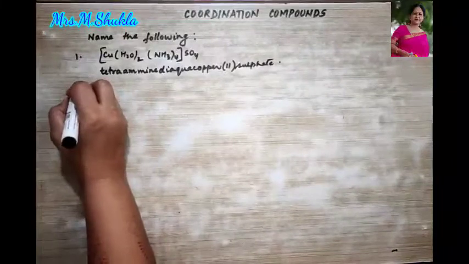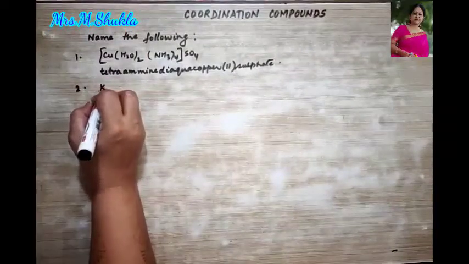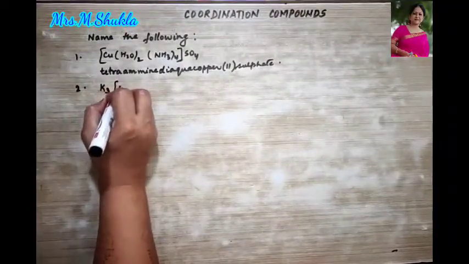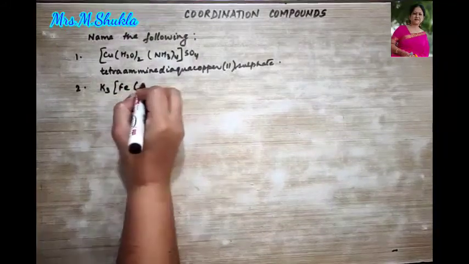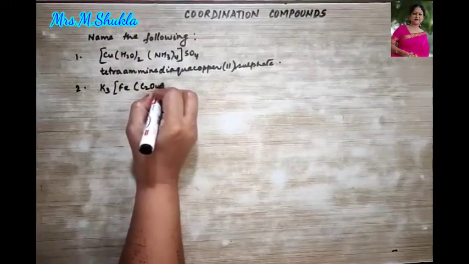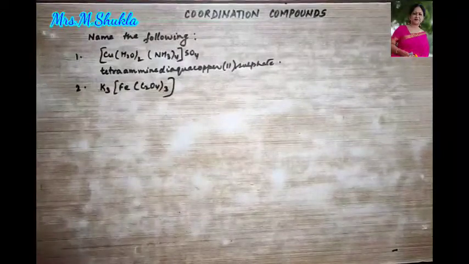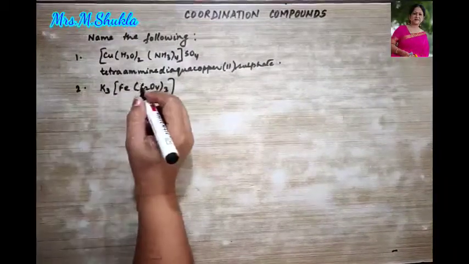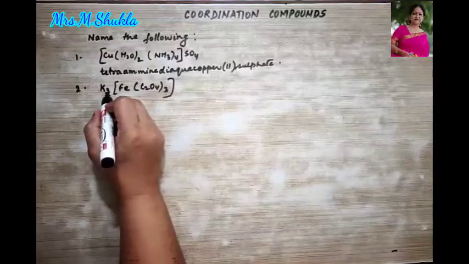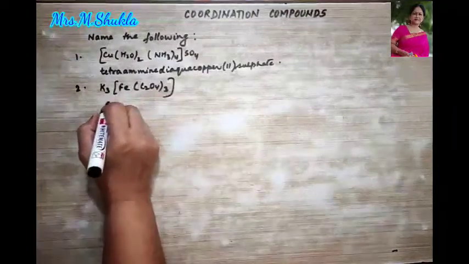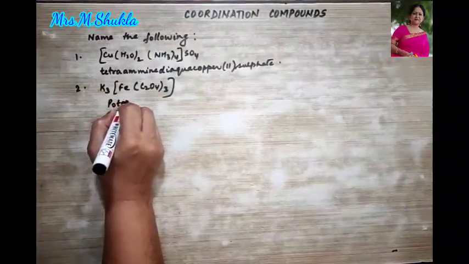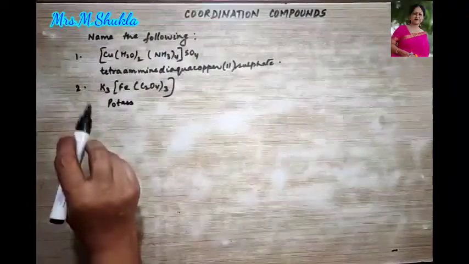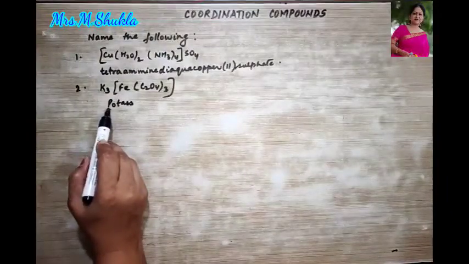Clear? Let's take another question like K3[Fe(C2O4)3]. Now name this compound. So potassium is there. How do we write it down? Firstly, remember we should not begin with a capital letter.